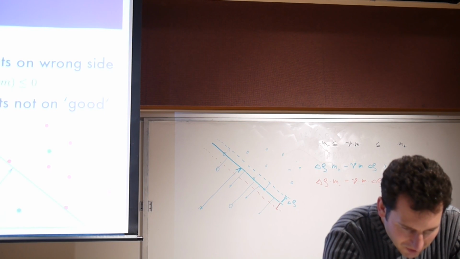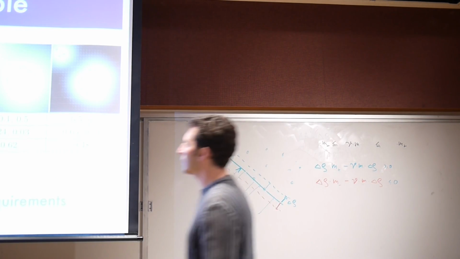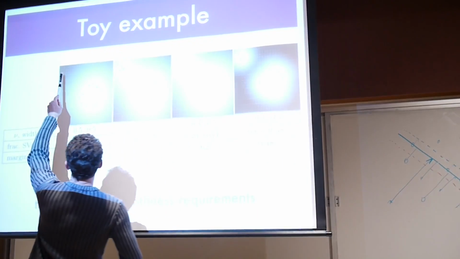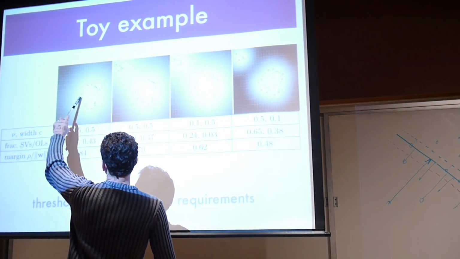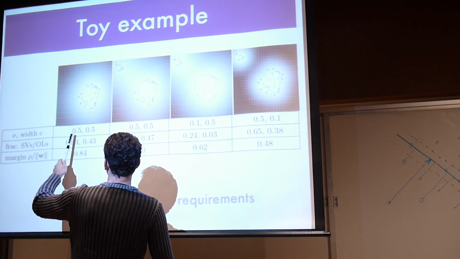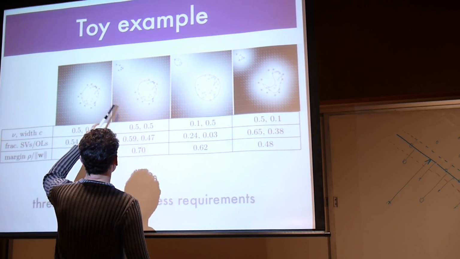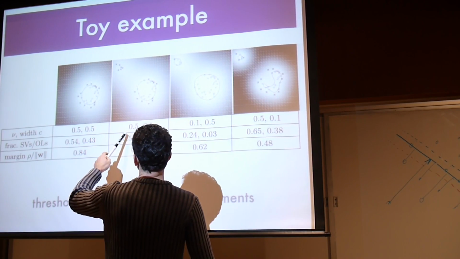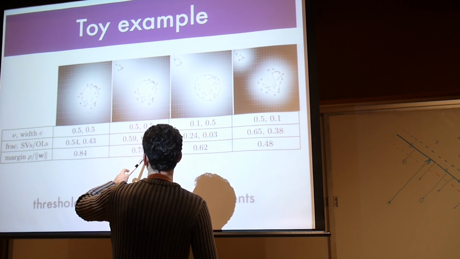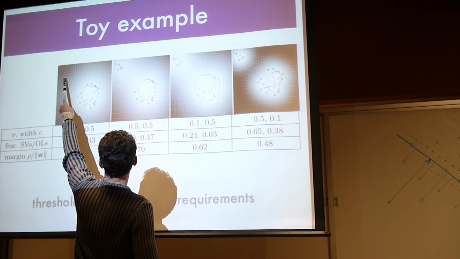So let me show you a few examples. There's some data, and you probably see some dots up here if you could see them. And it's basically playing with different values of nu and different kernel widths. And so what you can see is that, in this case, there are no outliers here.